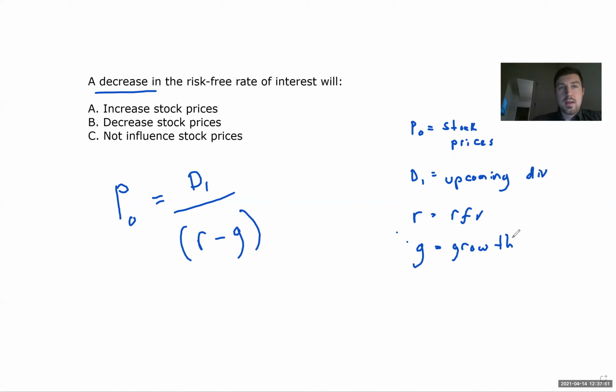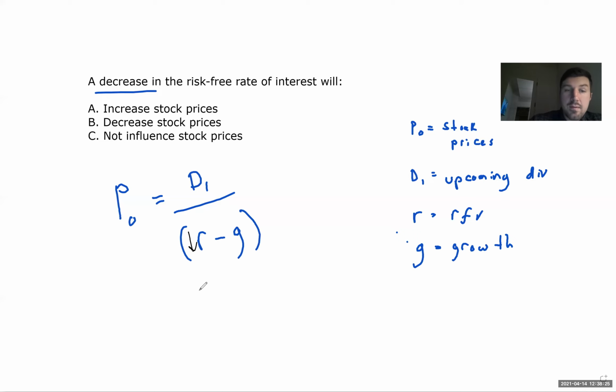So what's going to happen is if we end up decreasing the risk-free rate, we're going to make R smaller. So R goes down. So R becomes smaller. So what's going to happen as this beginning part of our formula goes down, we're going to be subtracting G from a smaller and smaller number.